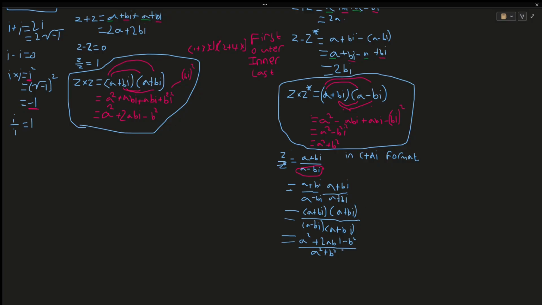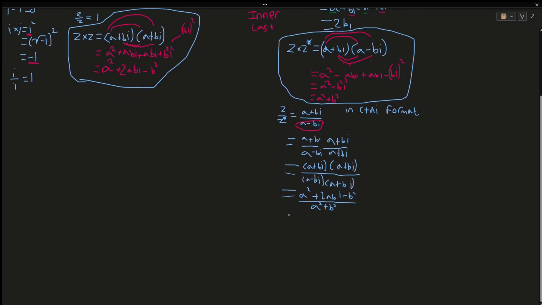And yeah, so here we'd have a real format, and then obviously, because this is a real number, you can just, for example, write a squared plus b squared, a squared plus 2abi minus b squared.